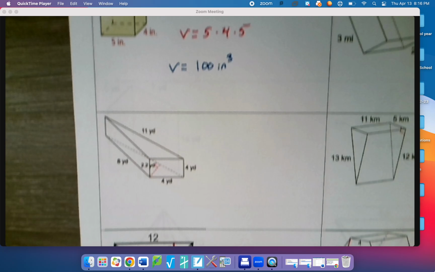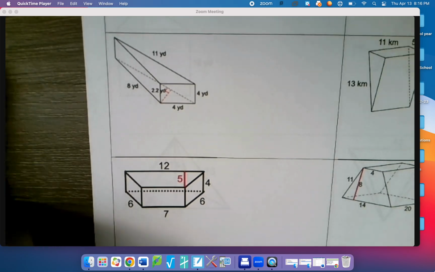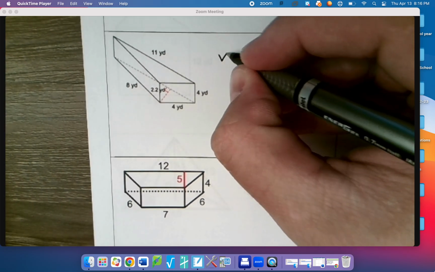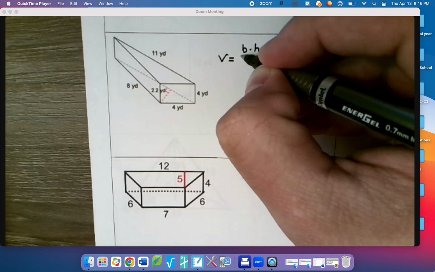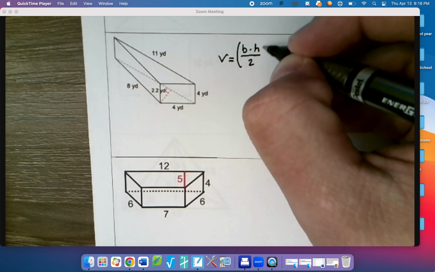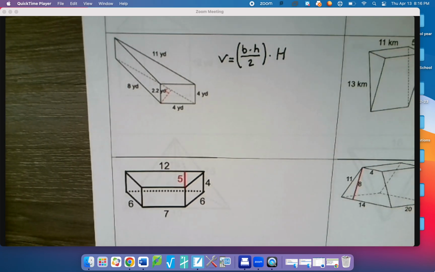Let's take a look at our triangular prisms. So with the triangular prism, the formula we intend to use is base times height divided by 2. The parentheses aren't technically needed, but I'm going to write it because that's how I wrote it above.